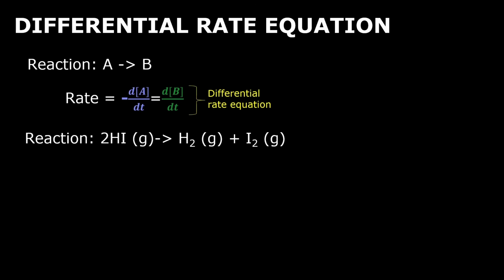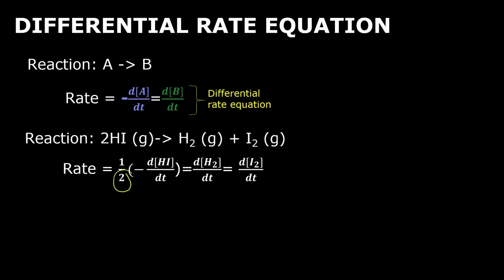Therefore, when we write the differential rate equation, we should write the reaction rate equal to half the rate of disappearance of hydrogen iodide, which is equal to the rate of appearance of hydrogen gas and the rate of appearance of iodine gas. So how do we get the half? The 2 here is basically based on the stoichiometric coefficient in the balanced chemical equation.